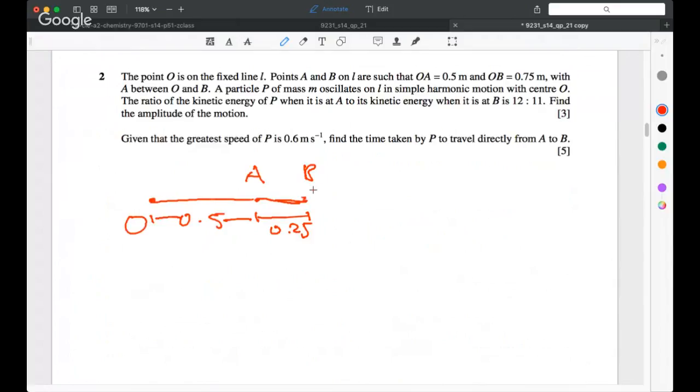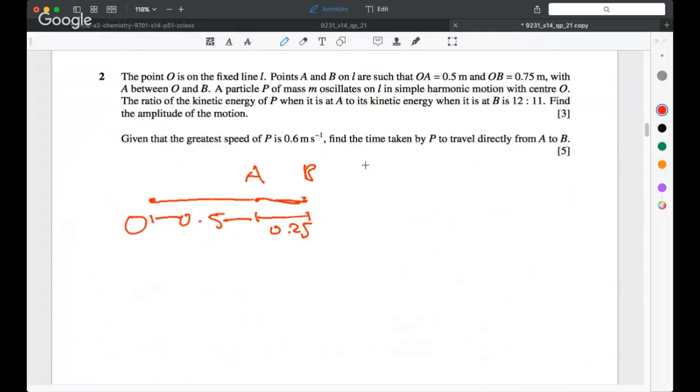And now a particle P of mass m oscillates on L in simple harmonic motion with center O. The ratio of the kinetic energy of P when it's at A to its kinetic energy when it's at B is 12 to 11. Find the amplitude of the motion. So first we need to relate amplitude to kinetic energy, and this is done by relating amplitude to the velocity of the particle in simple harmonic motion.